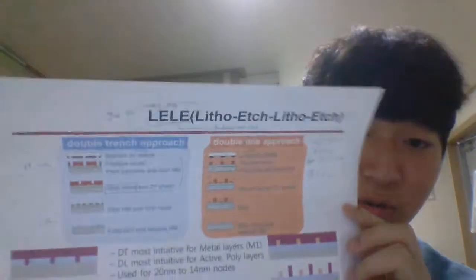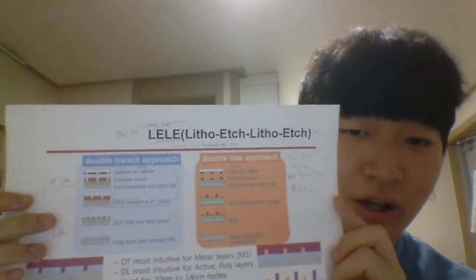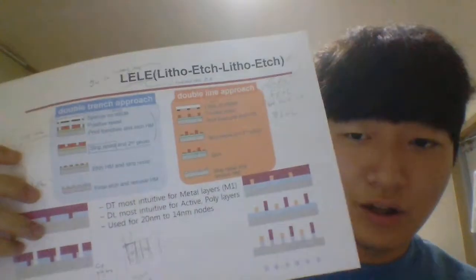LELE, quickly explained, is a process achieved by a lithography etching and doing another lithography etching process, and it is used for the back end of our semiconductor process, and also for FinFETs.